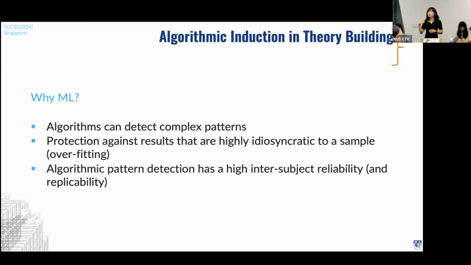And it has innate built functions that guard against overfitting or regularize the type of model that it generates, right? So we don't have to tell a machine learning algorithm to say, don't overfit the data. It's always trying to make the best prediction out of sample. And also, even if we use very different models, if the machine is given the same data, we'll come to mostly very similar patterns. So it's highly replicable. And that could be very useful when we're thinking about theory building.